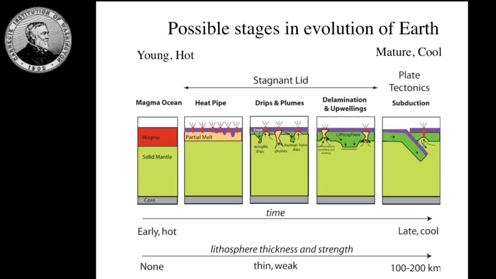And then we can imagine that the stagnant lid, early stagnant lid to late stagnant lid, first we'd have smaller drips and plumes and more of them, and then later we would have bigger drip delaminations and plumes, and then ultimately evolving to plate tectonics. And so that's one possibility.